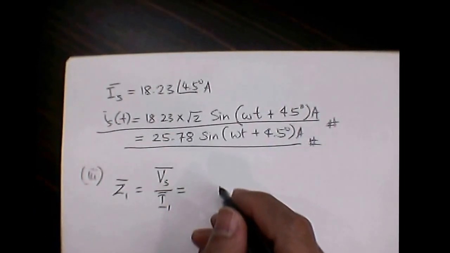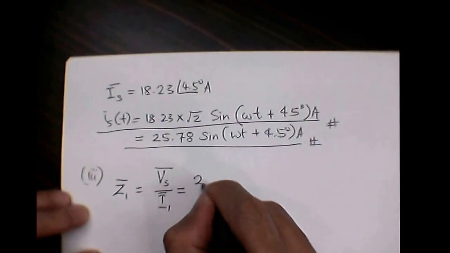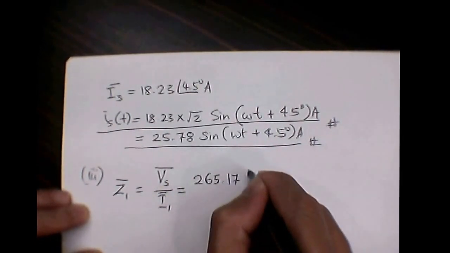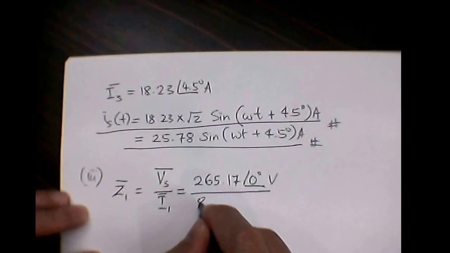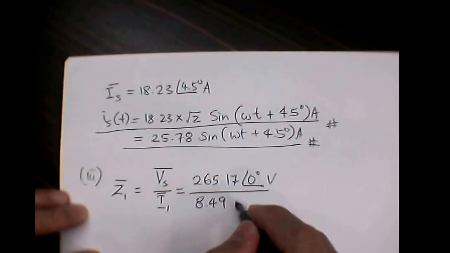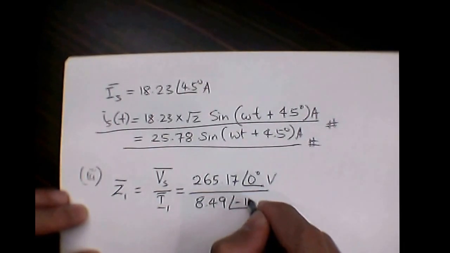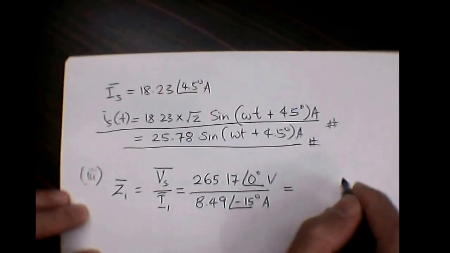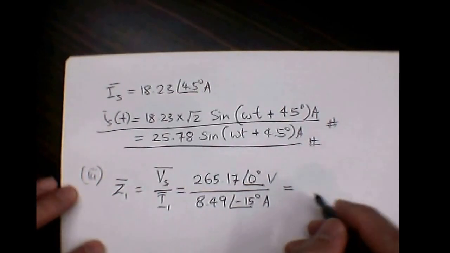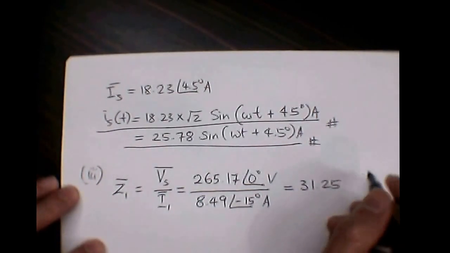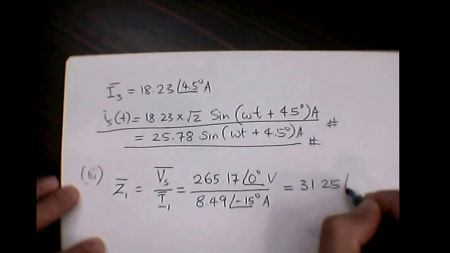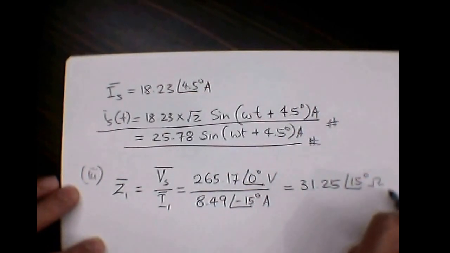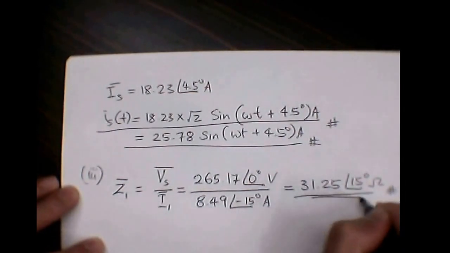We can use the values that we computed earlier: 265.17 at an angle of 0 degrees divided by I1, which is 8.49 at an angle of minus 15 degrees ampere. This gives me an impedance value of 31.25 at an angle of 15 degrees ohms. That's the impedance Z1.